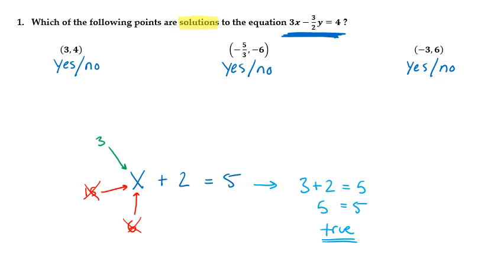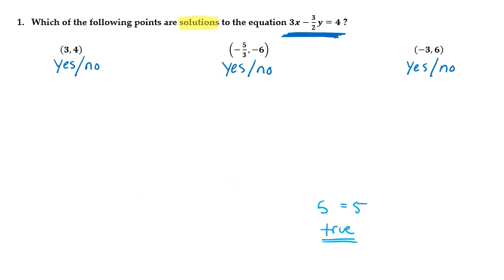Okay, so now let's apply that up here. Let me get rid of some of this because I'm going to need some board space. So let's look at the first point. 3 comma 4. Well, what that is saying is x is equal to 3 and y is equal to 4.